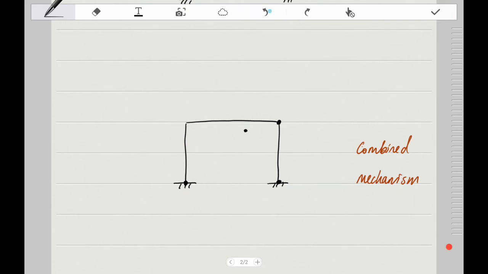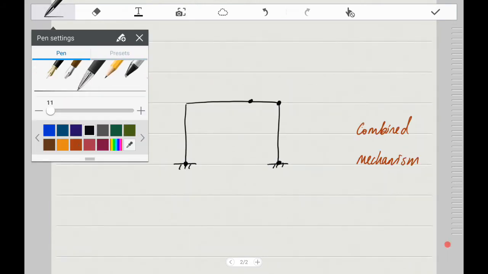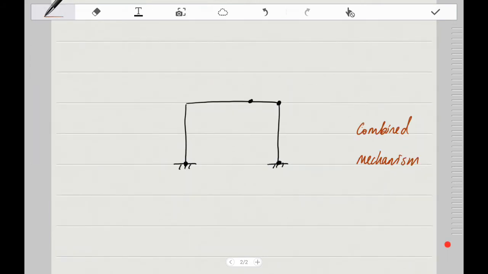Let's show that within the structure. What you end up with is something that deforms like this, and your new positions of your hinges appear like that.